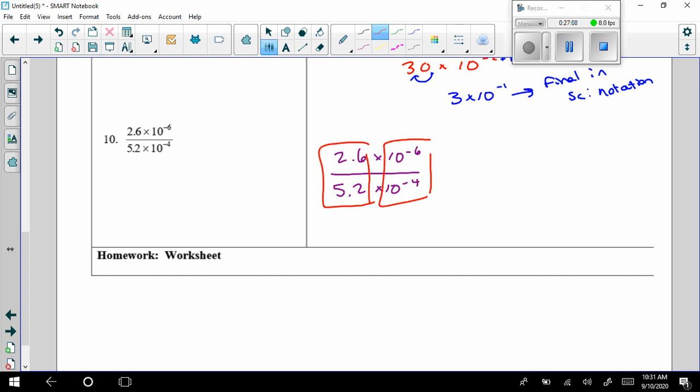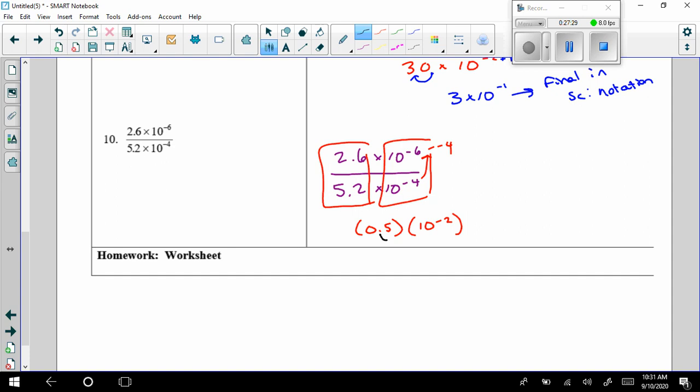So 2.6 divided by 5.2 gives you 0.5. This would give you 10 to the negative 2, right? So negative 6 minus negative 4 gives you negative 2.